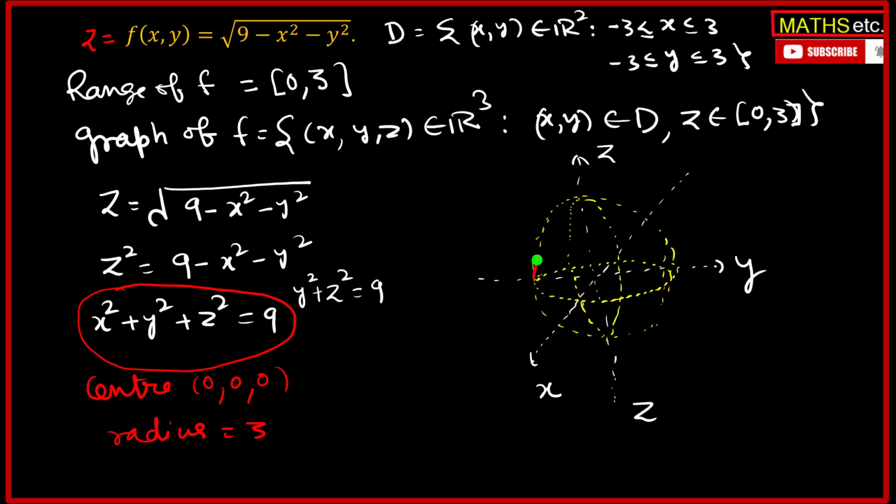So we are giving it this red color, the surface of this hemisphere. This one is the sketch or graph of the given function of two variables.